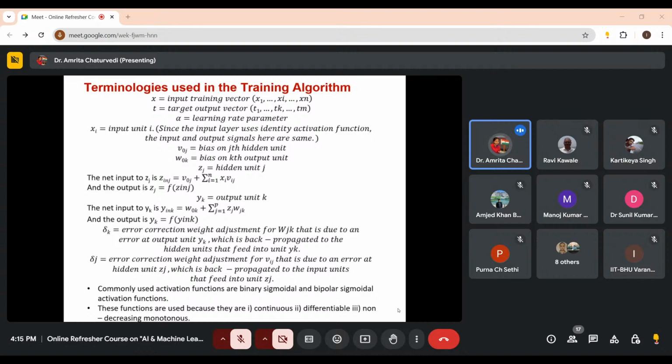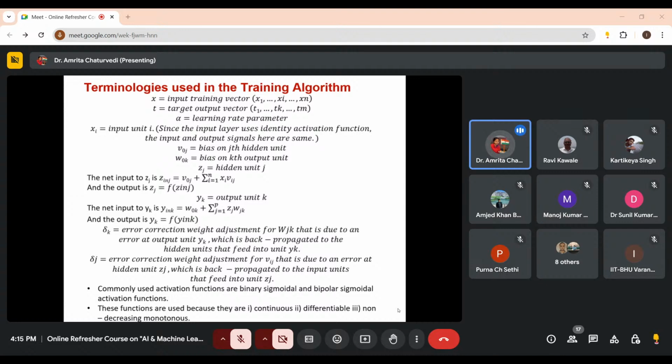This is back propagated to the hidden units that feed into the unit Yk. Then delta j is the error correction weight adjustment for your hidden layer unit, that is the V vector, and this is happening due to an error at the hidden unit. Then this is back propagated to the input units that feed into this hidden layer.